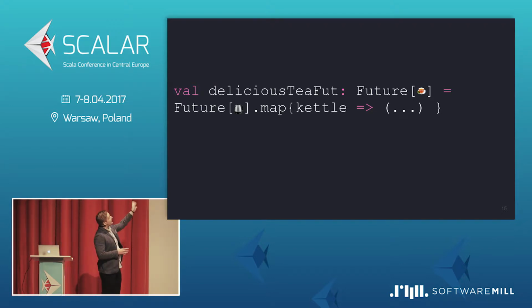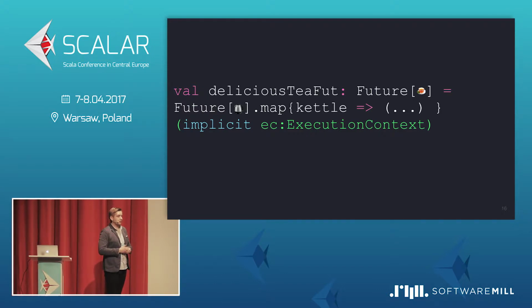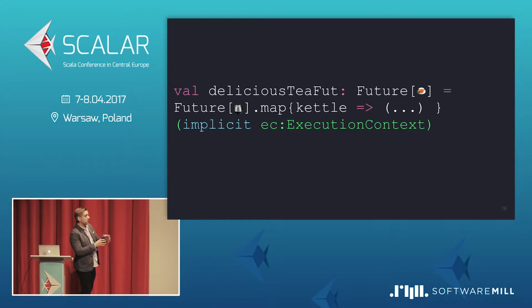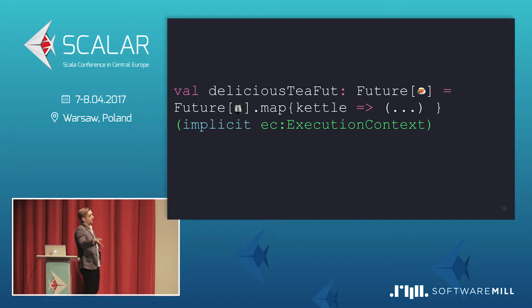And then you would probably take the future and map it to some function, and then you would have not a tea, but a future of tea, right? And of course, you would probably have this execution context all over the place, right? This is a lot of Scala code you can actually find. People tend to start with something that returns a future, and they tend to put it everywhere. So this pollutes the signatures a lot.